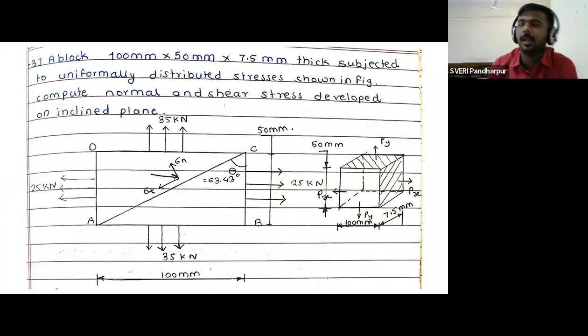Okay. Now one more problem we'll take, case number 2. So this is the statement in front of you. A block of 100 mm by 50 mm by 7.5 mm thick.